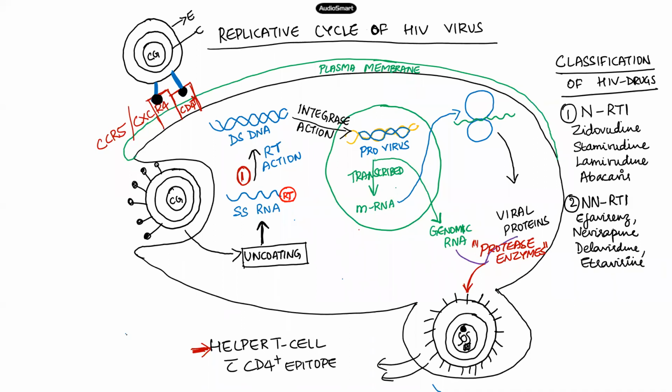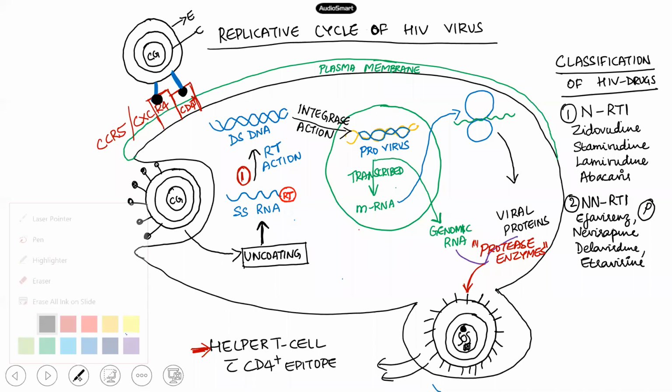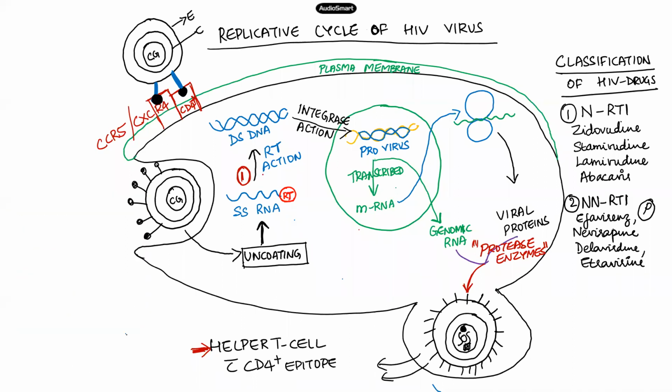Right. The unique point about non-nucleoside reverse transcriptase inhibitors is they directly bind to the catalytic site of the reverse transcriptase. There is no need for them to get phosphorylated into their active metabolites, unlike in the case of nucleoside reverse transcriptase inhibitors. So again, the second group of drugs also acts at the level of reverse transcriptase, at the level of the catalytic site.